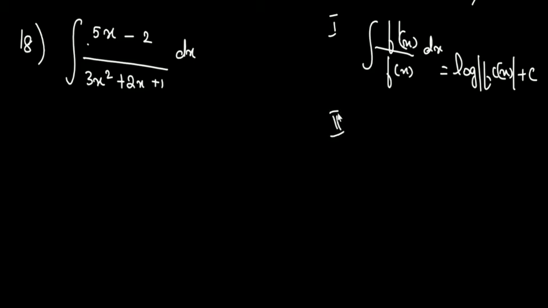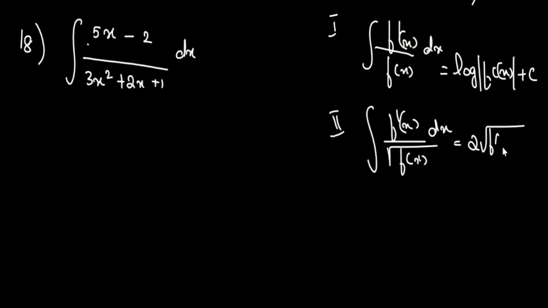Type 2 is again the same thing: you have a root of f of x in the denominator, and if its derivative is there in the numerator, you can write the answer as 2 times root of f of x, using the substitution method.